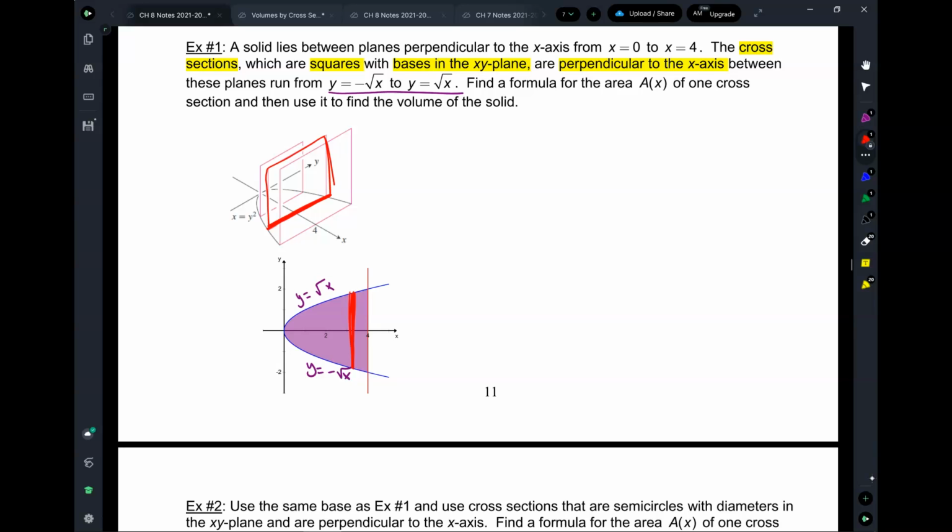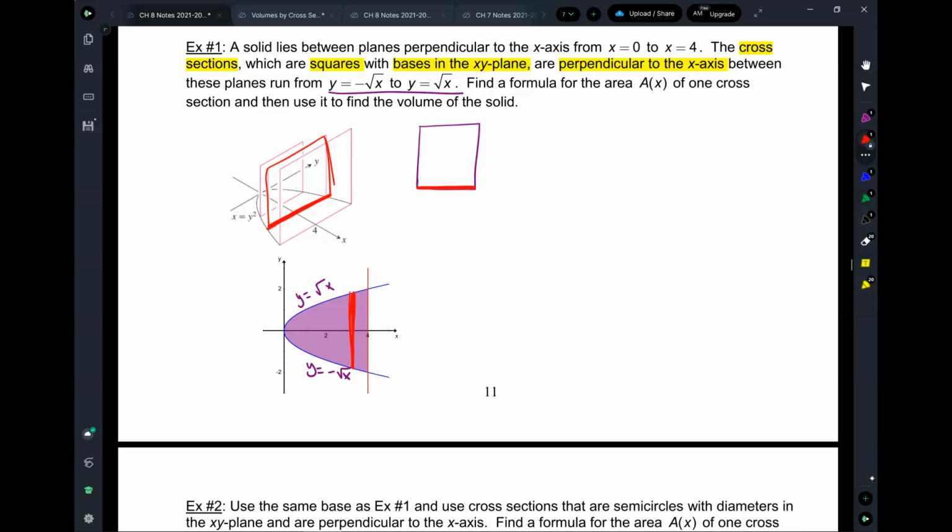And it's very important to draw the side of the shape that is acting as a cross section here. Another thing I like to do is I draw the shape here. I have a square right there. The side that's in my diagram is this one.